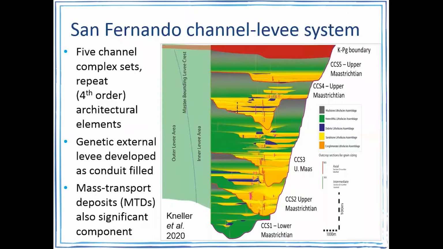Briefly, in this system, what we recognize is a large incision, essentially a canyonized type system, and then a series of channel complexes that infill that incisional surface, representing repeated channel cutting, fill, and abandonment, with a genetic external levee developing as the conduit became filled.